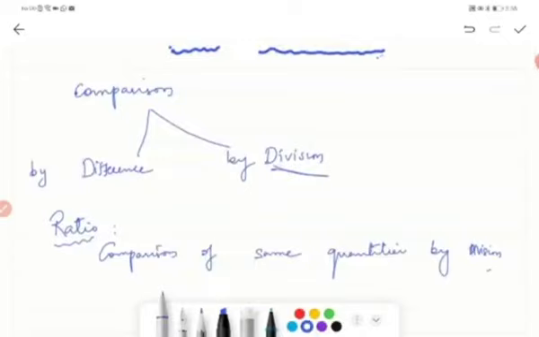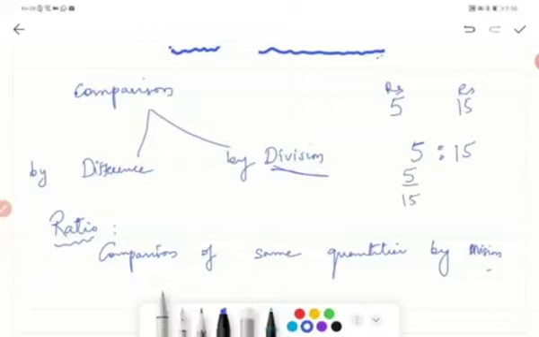Suppose I take one example. I have 5 rupees and you have some 15 rupees with you. I will say the comparison in the form of ratios. So I will say 5 is to 15. That means I can divide them, 5 by 15.